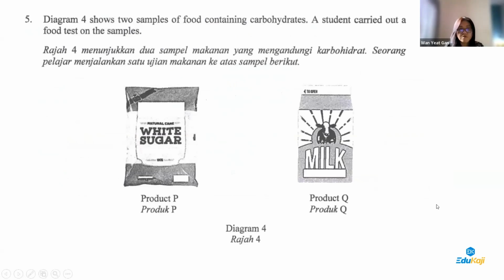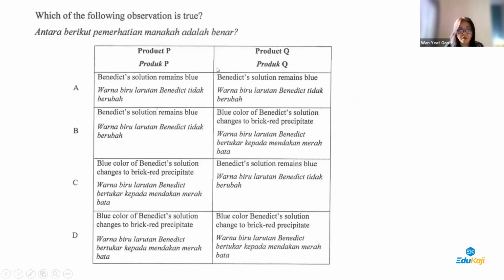Diagram 4 shows two samples of food containing carbohydrate. A student carries out a food test on the sample. So you have white sugar for product P and milk for product Q. Which of the following observations is true?